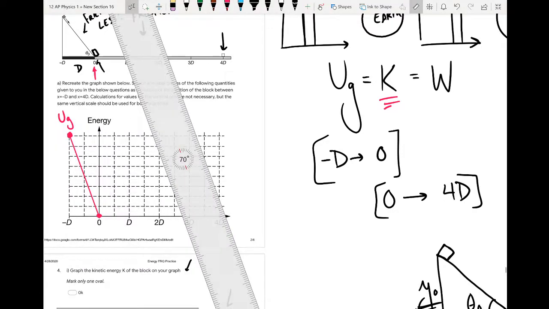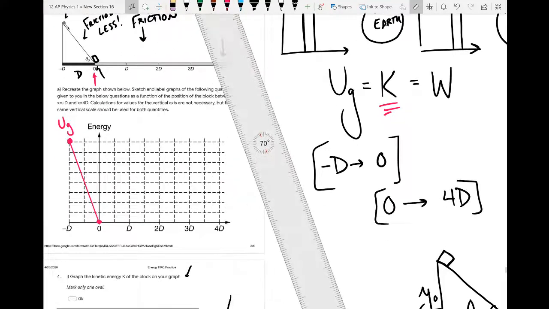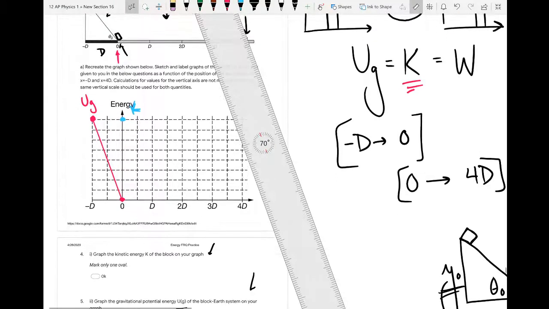And then if I'm looking at this, what I know about energy is that energy has to be conserved. Throughout this whole entire motion, the amount of energy that we have is conserved. It's changing from potential energy to kinetic, but the total has to stay the same. So I know that at this location, that's my maximum position of kinetic energy.